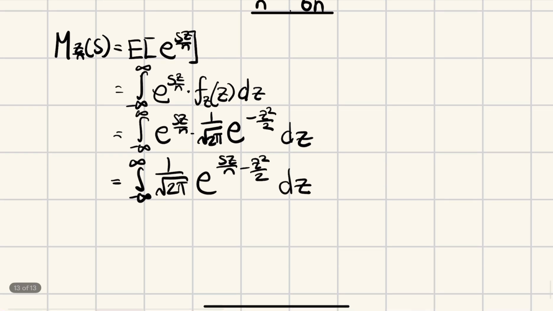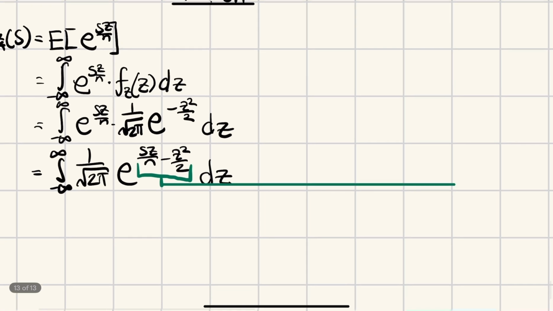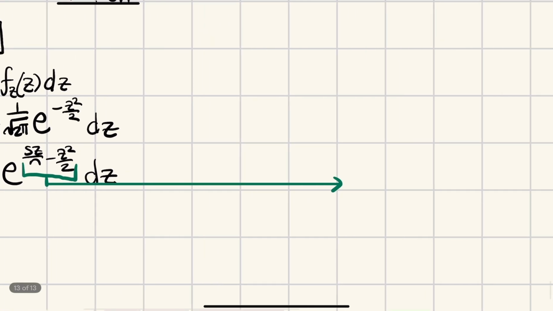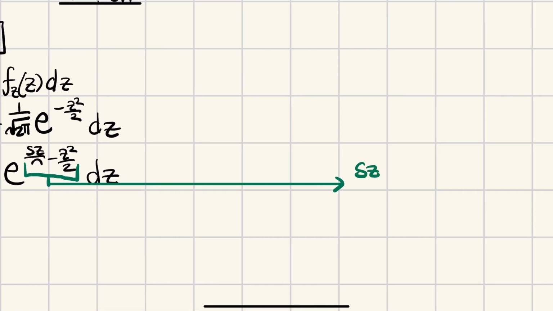And this is still really hard to solve, right? It makes kind of no sense. So to make a bit more sense, I'll take this out and try to turn it into a format that would make this integral easier to solve. So I'll copy the exponent out.